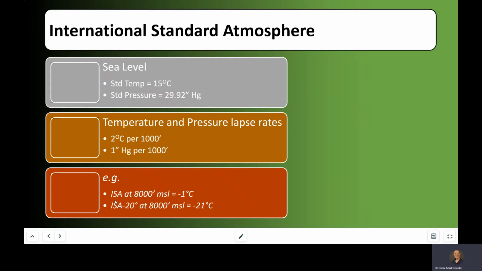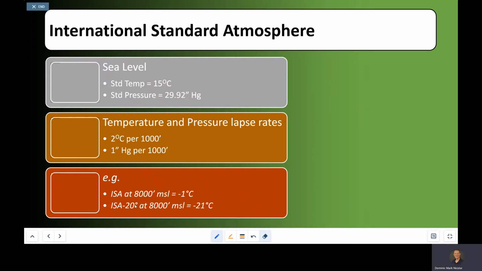Also, the way the charts are utilizing abbreviations on it, you'll often see this ISA on there. So if you do see ISA, it's just simply saying that's the International Standard Atmosphere. It's starting at sea level at 15 degrees, and it's decreasing by 2 degrees Celsius per 1,000 feet.